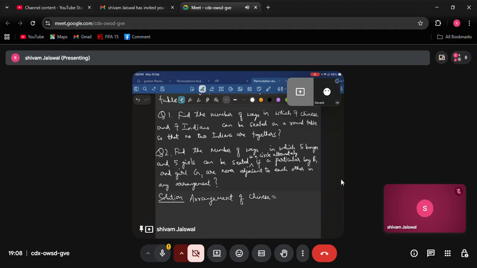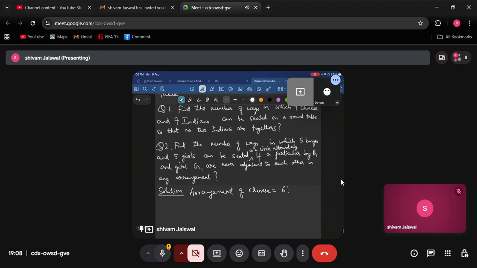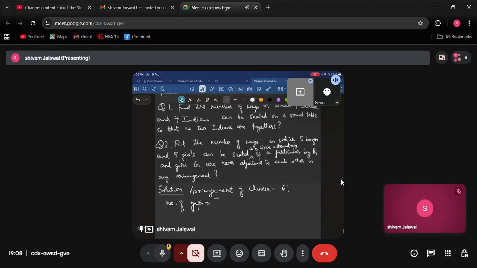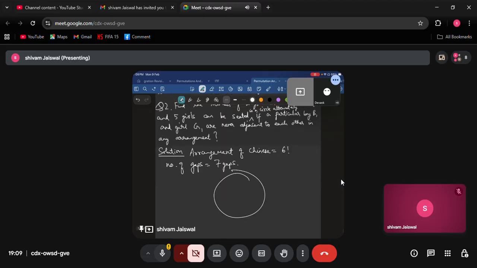In circular manner, in a round table we are talking, 6 factorial. And they will give how many gaps? 7 gaps. It is 7 Chinese, but it is a round table. See, C1, C2, up to C7.